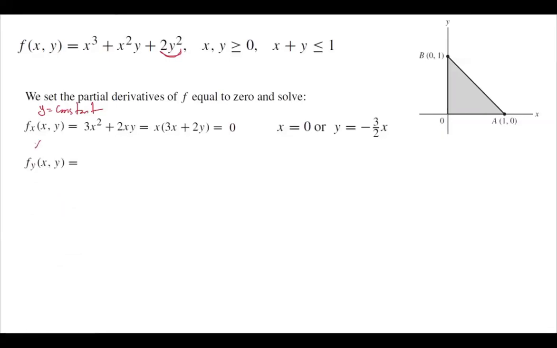Let us take the partial derivative with respect to y. In this case, x acts like a constant. So the derivative of x cubed is 0. You end up with x squared plus 4y, and you set it equal to 0.